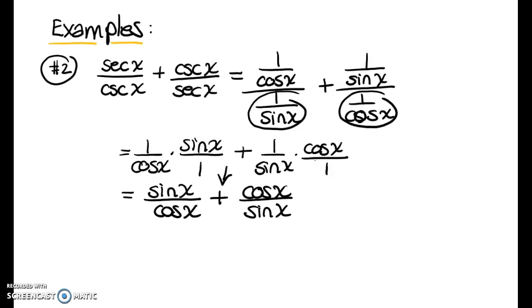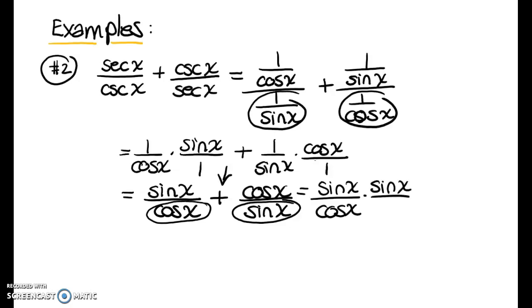I haven't really added yet, so I need to find a common denominator. My denominator is going to be cosine of x, sine of x, because that's what's in my denominator here. So I'm going to multiply my very first fraction by the sine of x over the sine of x. And I need a cosine in this denominator, so I'm going to multiply by cosine of x over cosine of x.